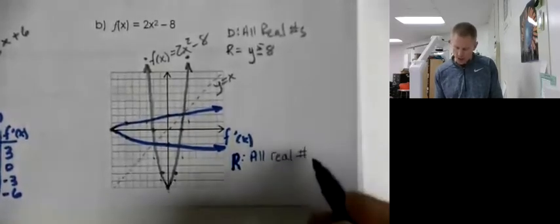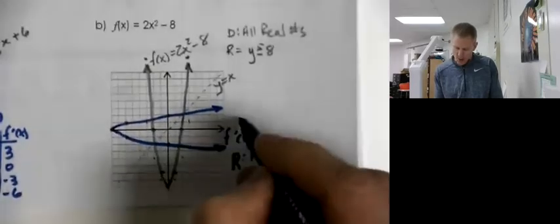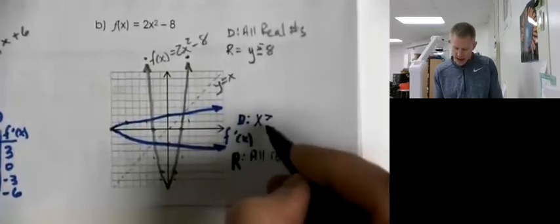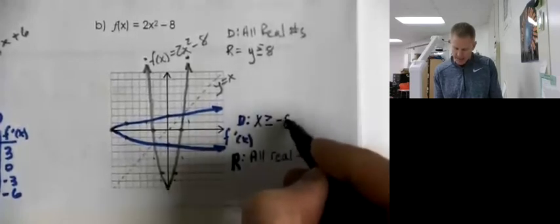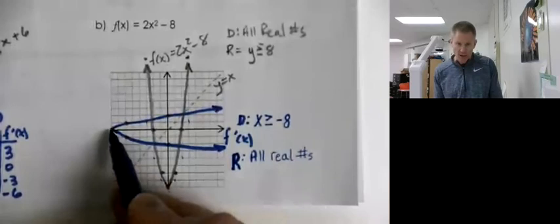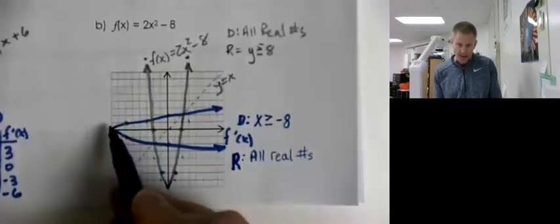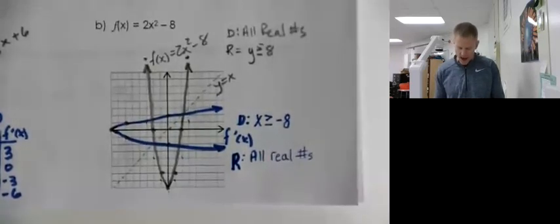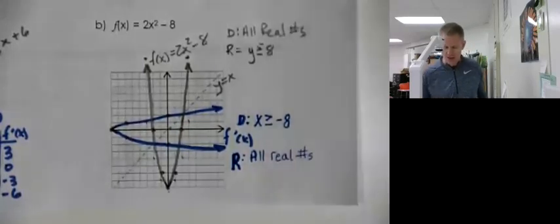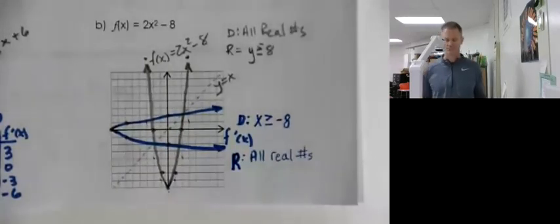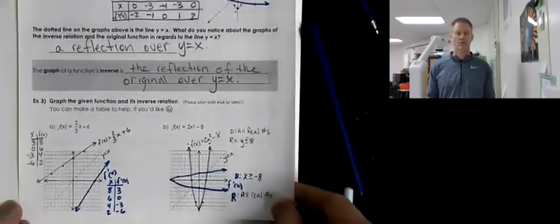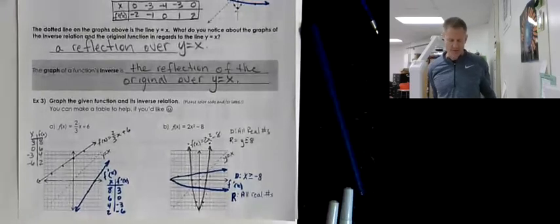So that would be all real numbers. But the domain, the x values, is x is greater than or equal to negative 8. Your x values go all the way back to negative 8, but then they move to the right forever. That would be your domain and the range of those two. All right, everyone. There you have it, some inverse relations.